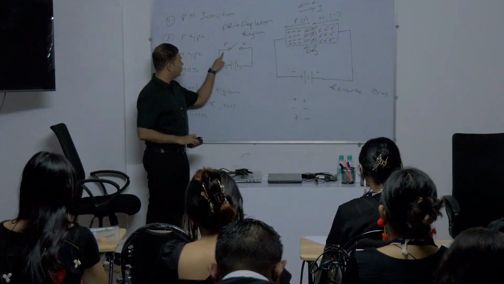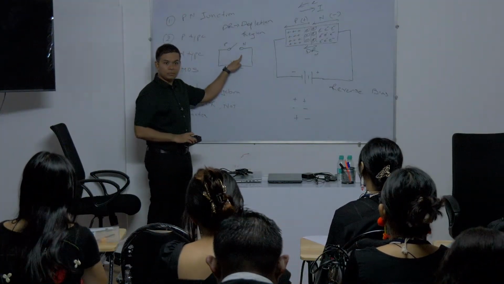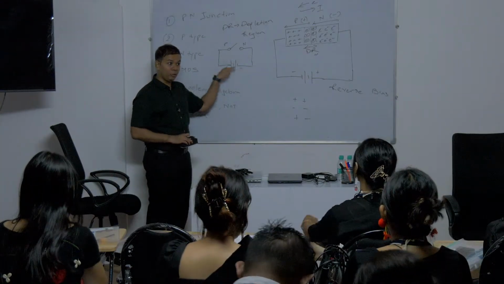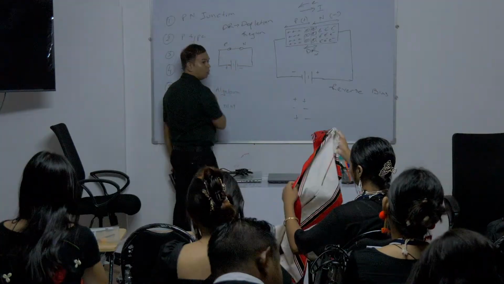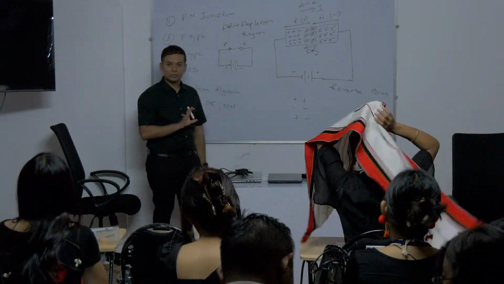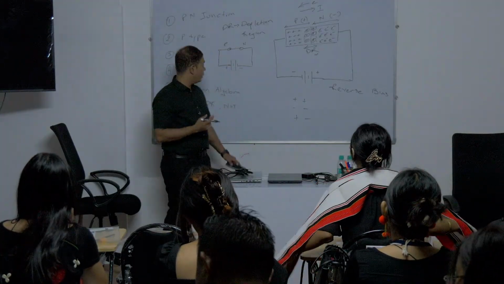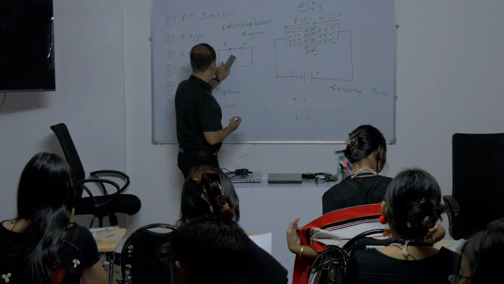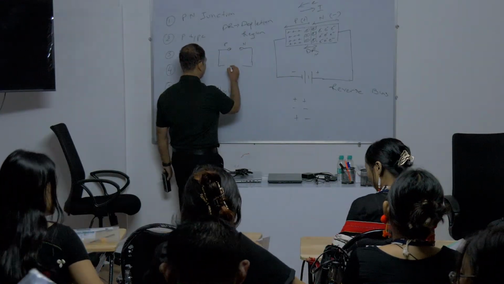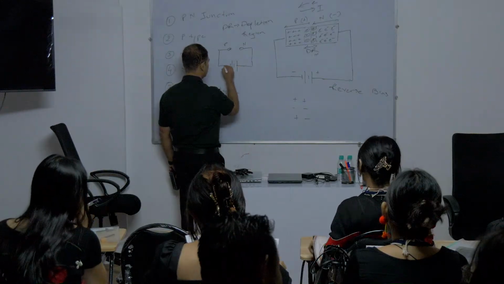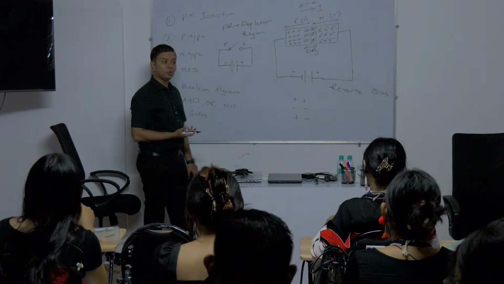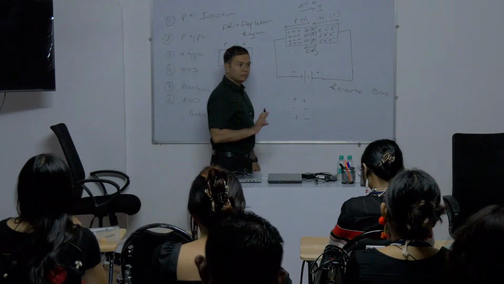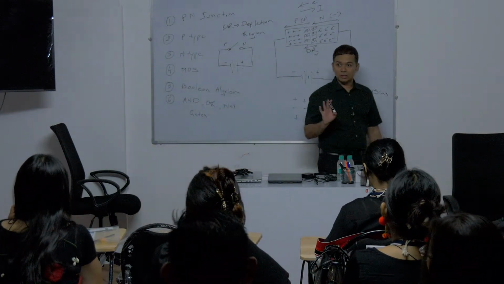When I connect my positive with the P and negative with the N, can I say that because the current can flow easily, my switch is closed? Understood? If I connect it in a reverse bias condition, my switch will be open. No current can pass through. Hope this is clear to all of you.